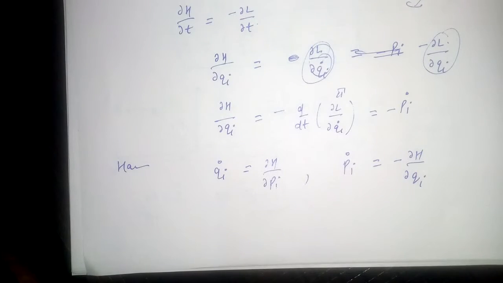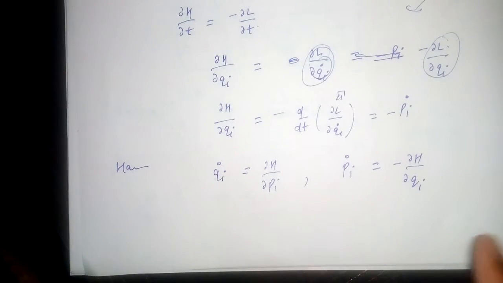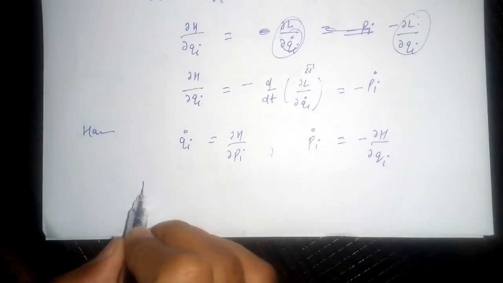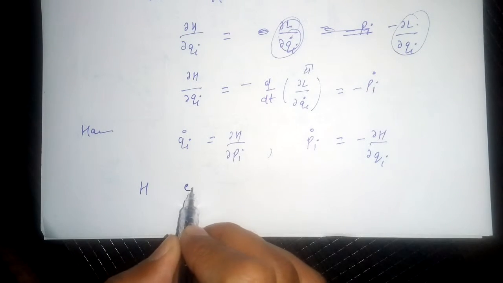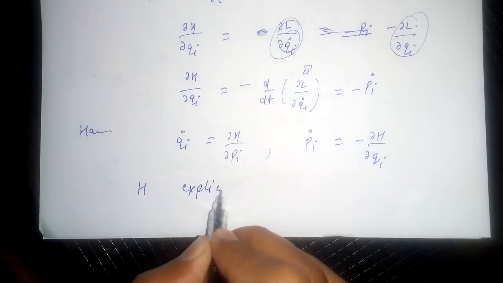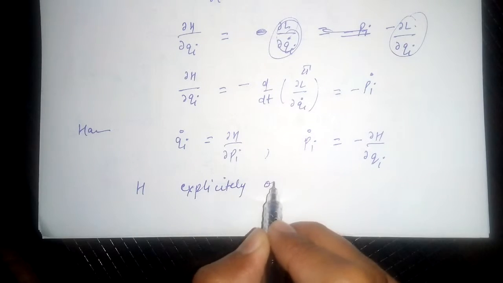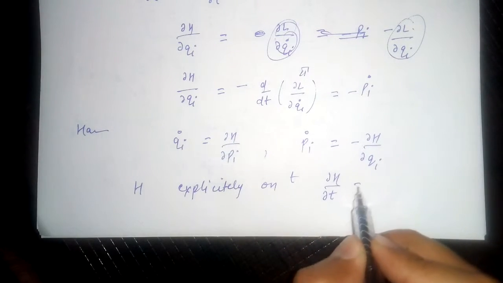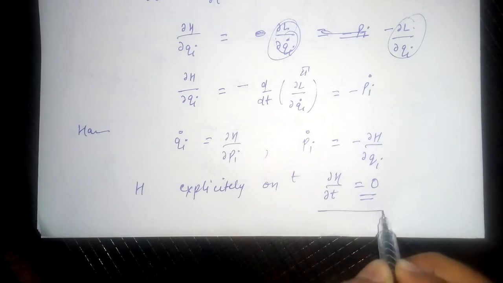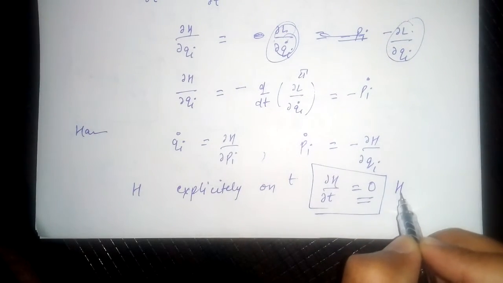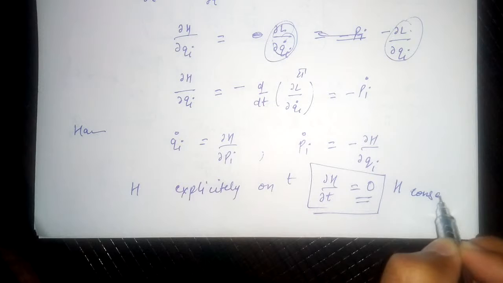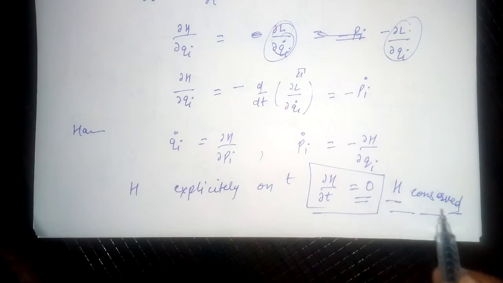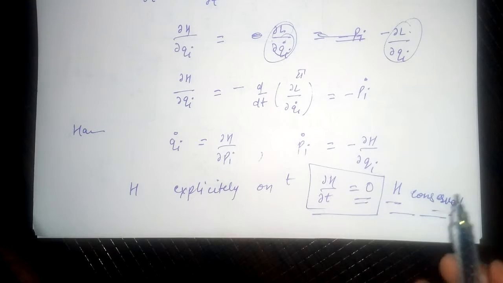If our Hamiltonian does not depend explicitly on t, then delta H upon delta t will be 0. It means that our Hamiltonian is conserved, meaning our total energy will be conserved here.